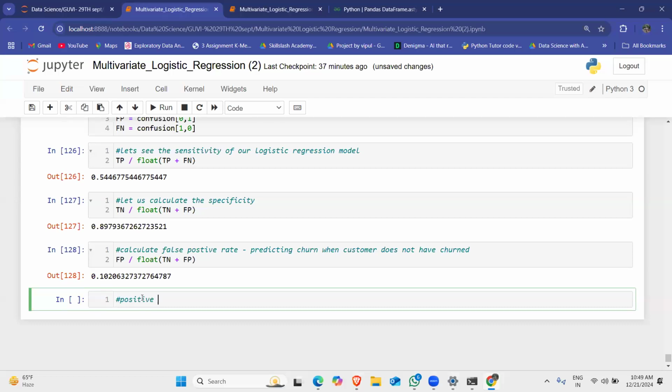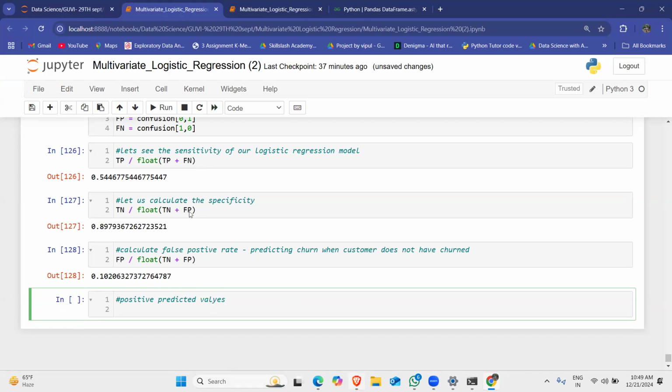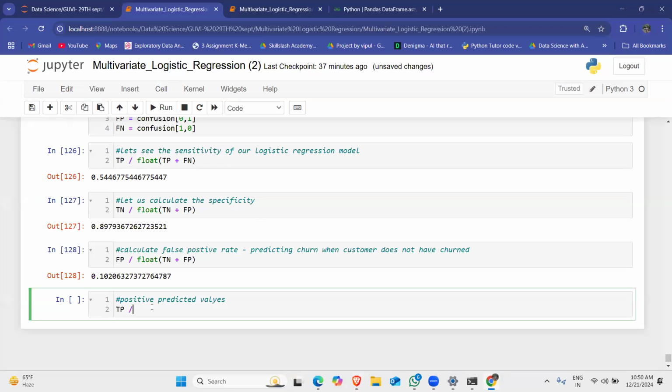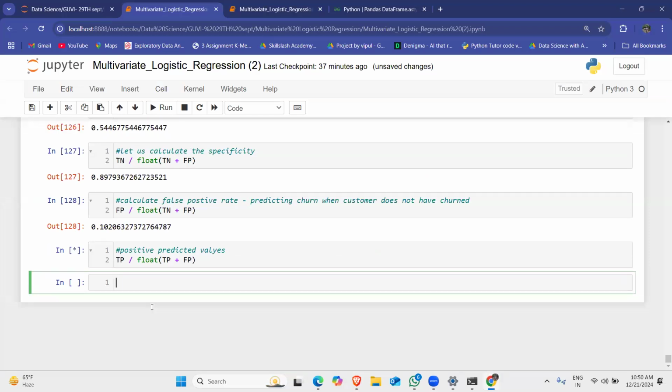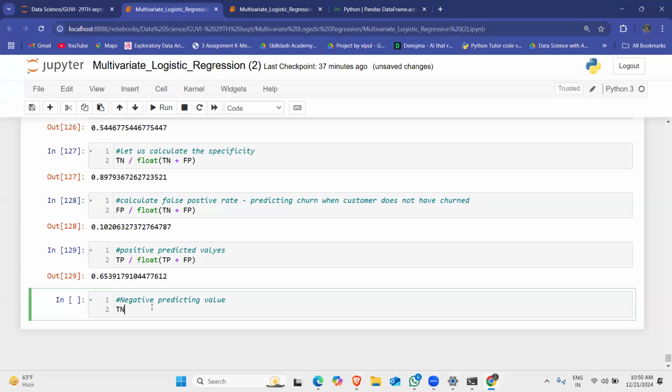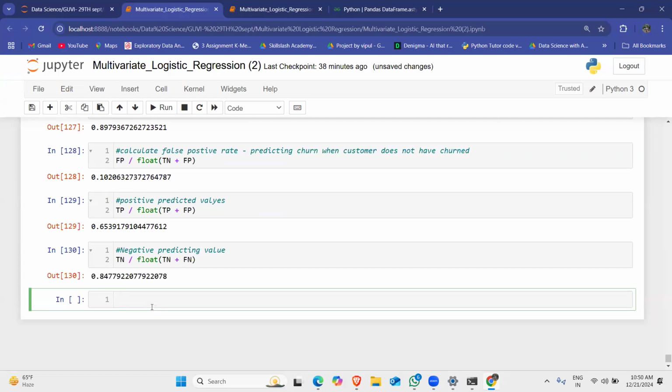And what about positive predicted value? That is your precision, true positive divided by true positive plus false positive. So we'll write down TP divided by float of TP plus FP. Now it's time to go for negative predicted value. We'll write down true negative divided by float of true negative plus false negative. That is 0.8477.